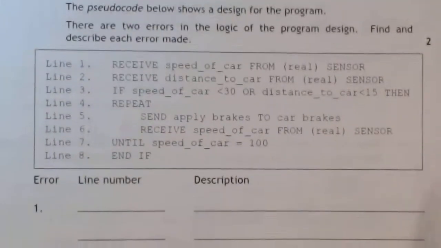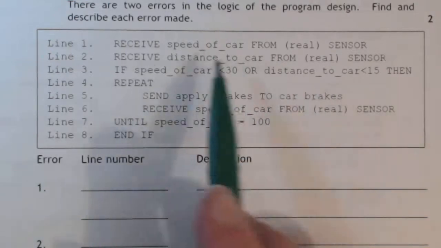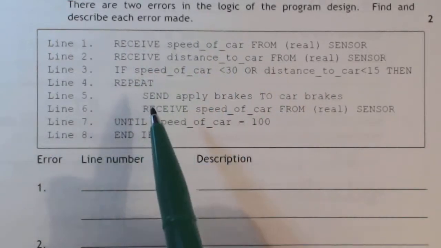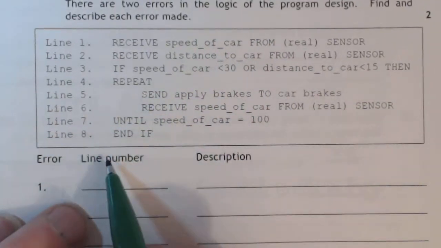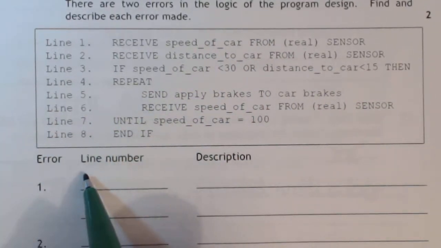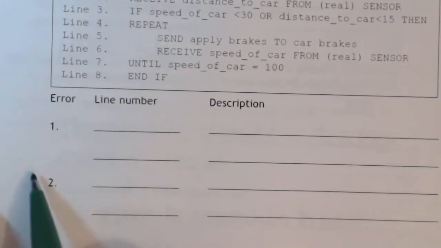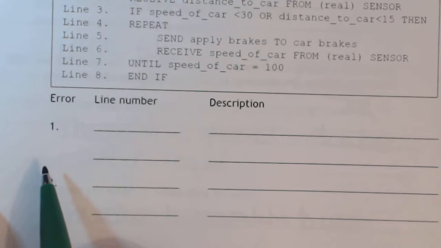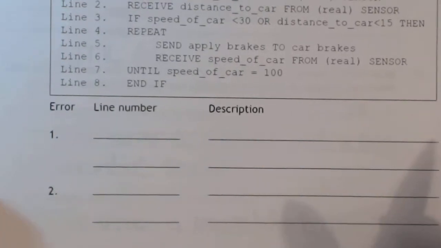Okay, so we look at the wee errors and we look at where they're occurring. Right, so receive speed, receive distance, then the line number. So these are 2 errors. They've given you 4 lines, but there's error 1 and error 2, so it's not the best way out.